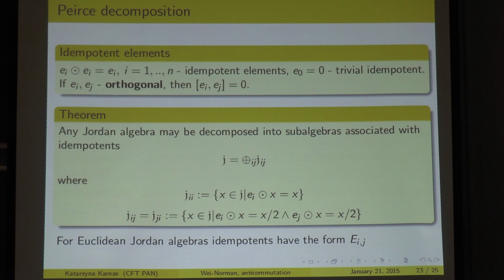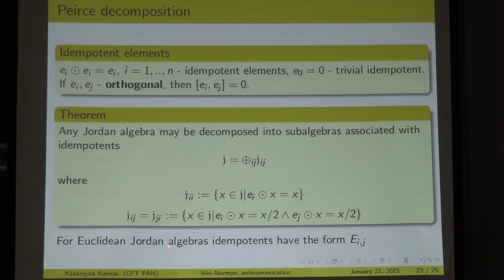They are determined by so-called idempotent elements. An idempotent element is an element that, if you square it, for example E_i times E_i, with algebraic multiplication, gives E_i. And if idempotent elements commute, they are called orthogonal.